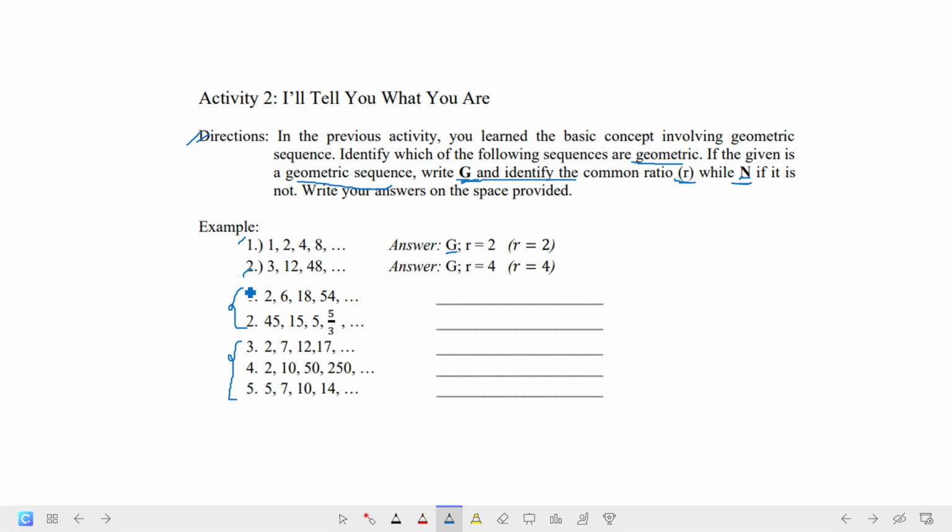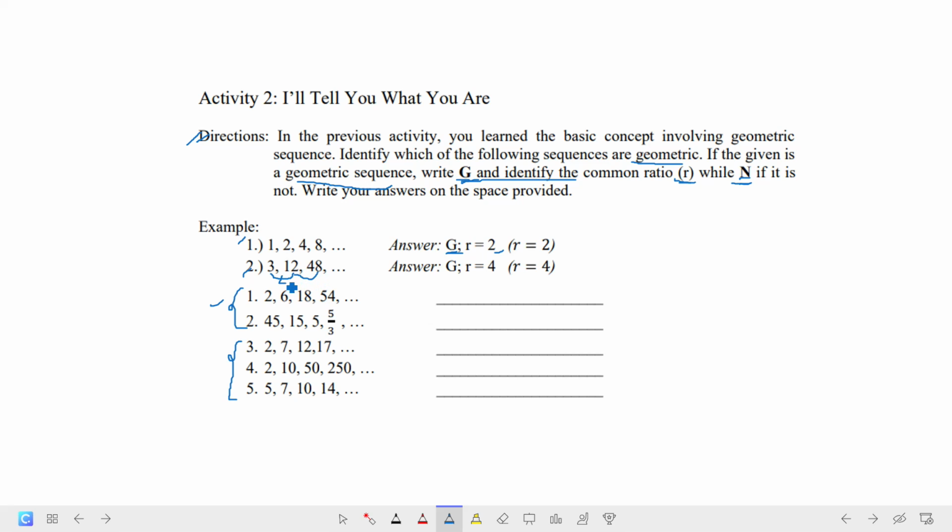So let us use examples 1 and 2, and let us answer 1 and 2 also. So 1 times 2, this is the example from our previous lesson, and we already know that it is a geometric sequence and the common ratio is 2. What about this? 3 becomes 12, and then 48.